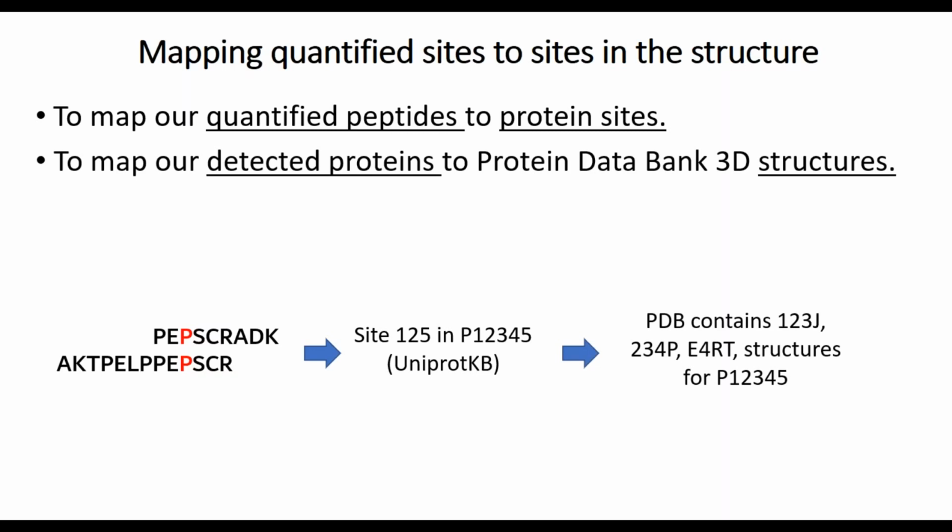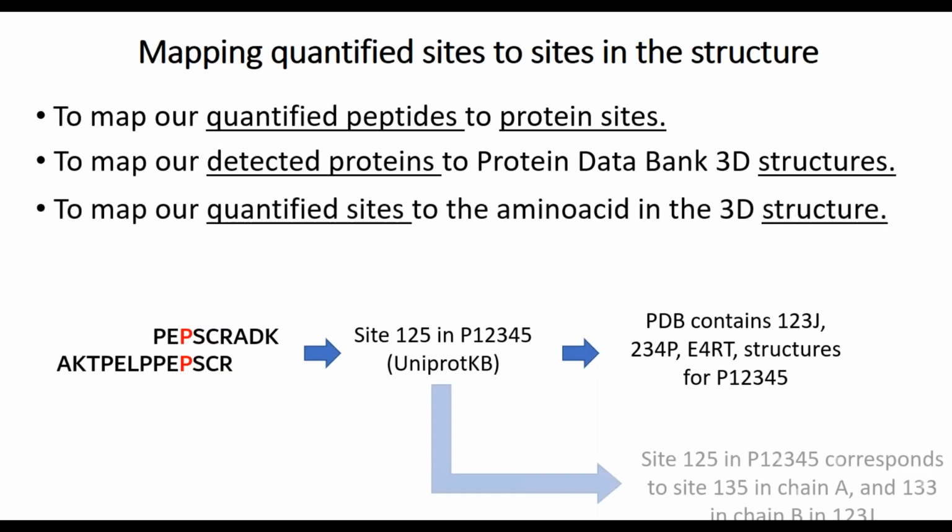So for example, these two peptides, this is a mock example. Let's say that we have this site 125 in the protein P12345 in UniProt, and then we map that to PDB, and we say we have these three structures for that protein. Then for that particular site, we have to map it to the sequences in the structures.